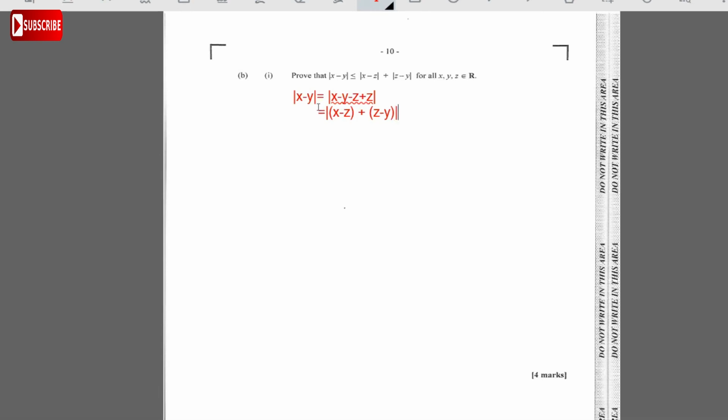So we have that the modulus of this is equal to the modulus of this, which is good. Remember, modulus means length. So the modulus of x minus y is equal to the modulus of this. What does modulus mean?